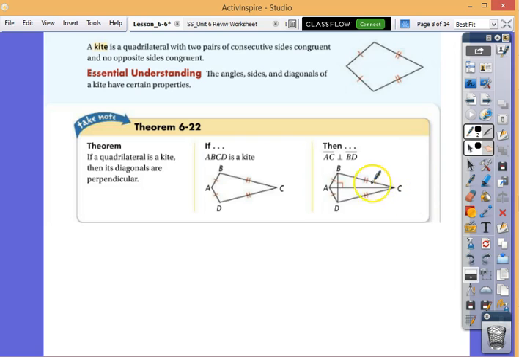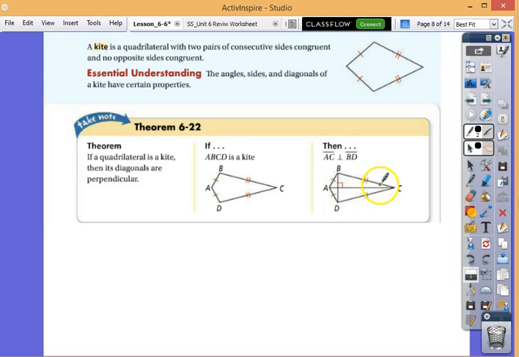Interestingly enough, and the book doesn't tell you this, but if I have this shape right here, then this short segment is going to be congruent to this other segment, because the shorter diagonal gets bisected by the longer diagonal.